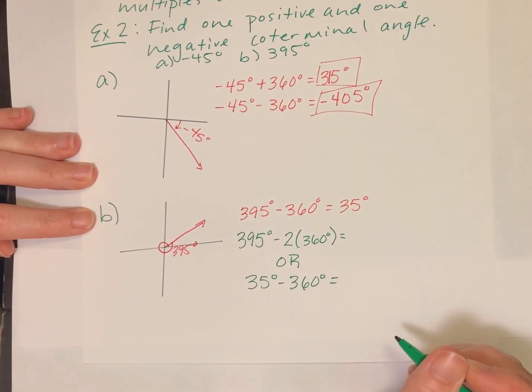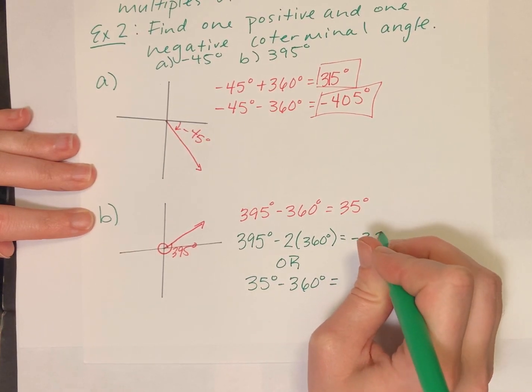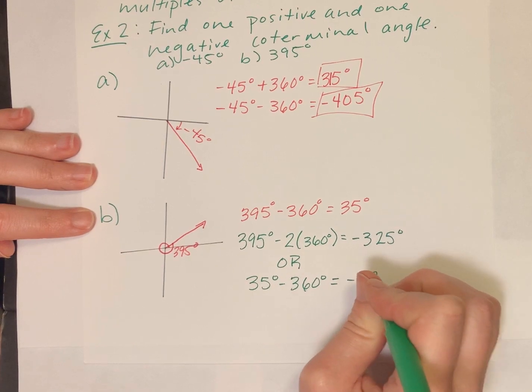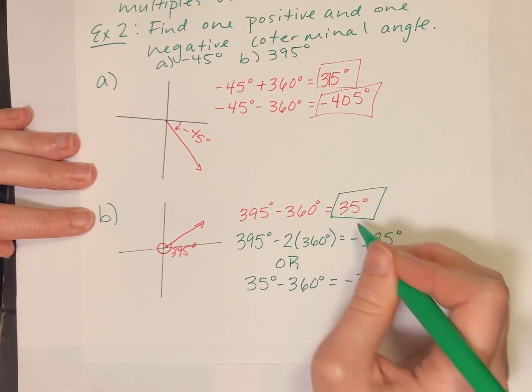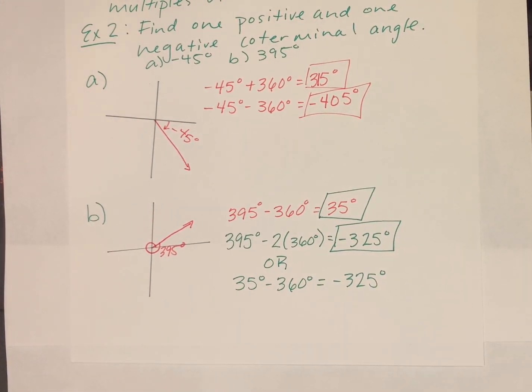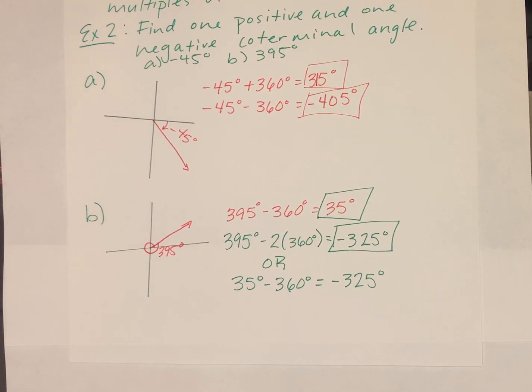Either way, you'll get the same answer, and it's negative 325 degrees. So one positive coterminal angle and one negative coterminal angle. That's all we're doing here.